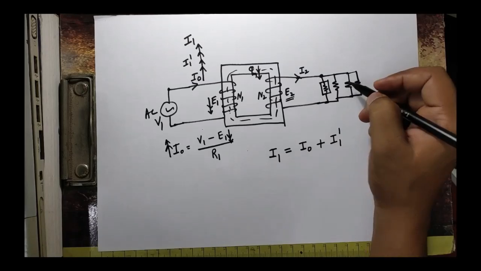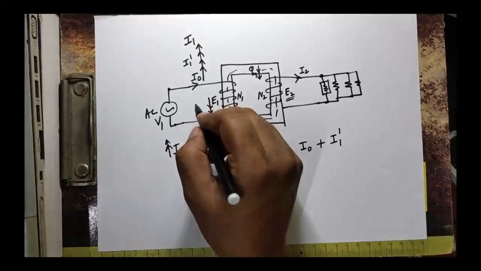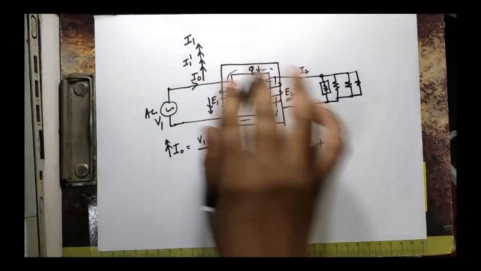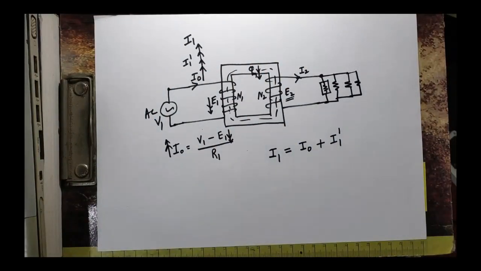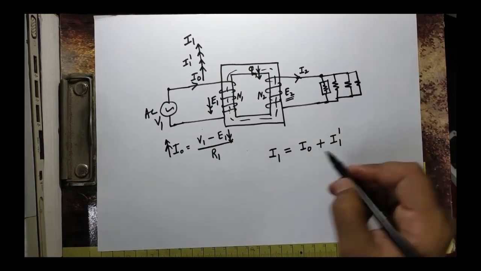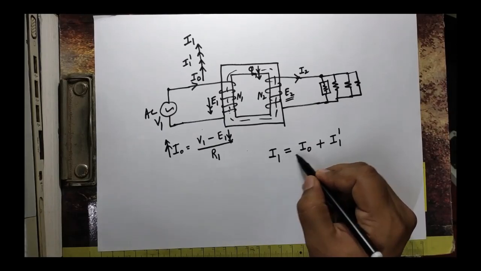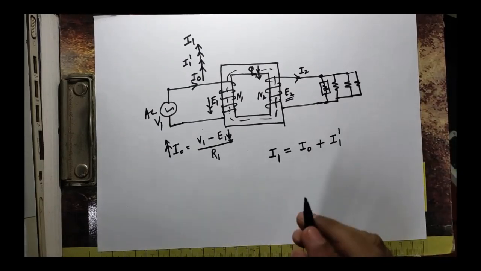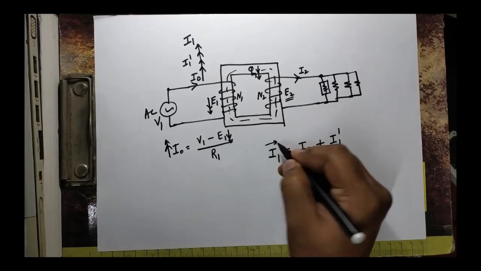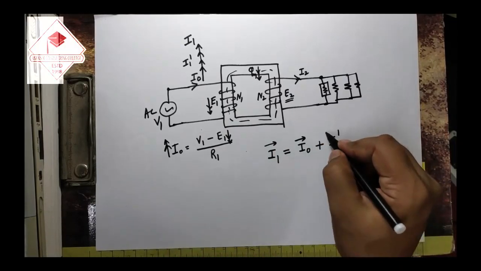It is the effect of load, which is being reflected in the primary side. So there is a concept, I will explain that also. So this we cannot write, right? Because it is not algebraically correct. It is actually vector addition. So it's better if you put a symbol here that I1 is equal to the vector summation of these two.